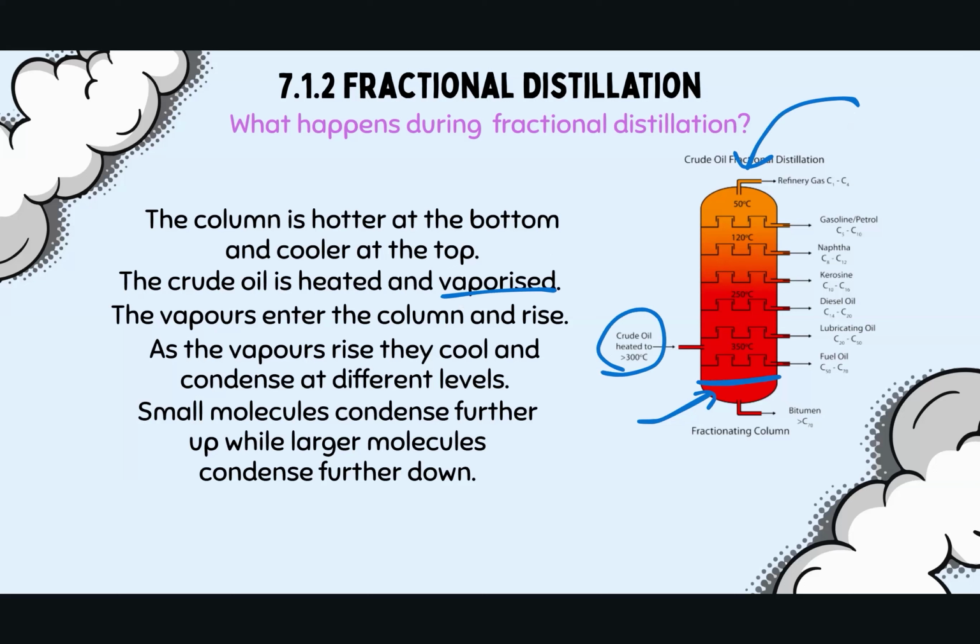And because it's still a liquid, it goes straight to the bottom and it's siphoned off. Now, as it's a gas, the gas particles start to rise. They enter the column, so this is the column. They enter and they start rising.